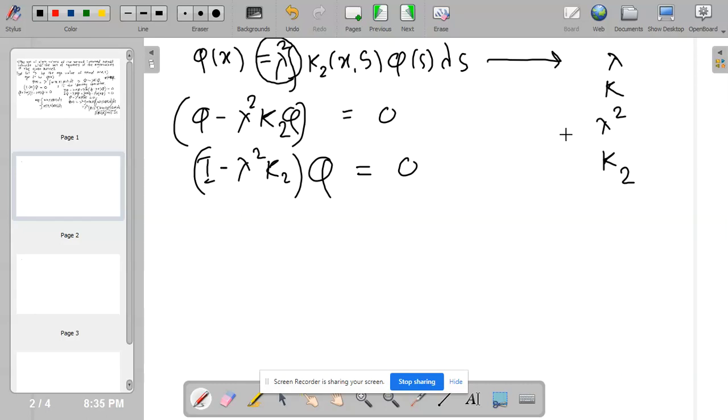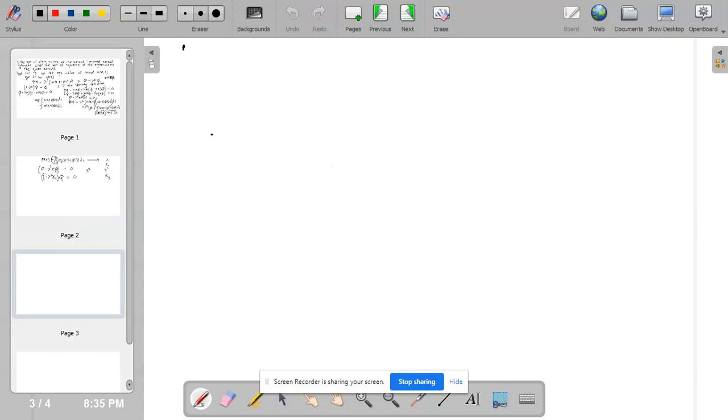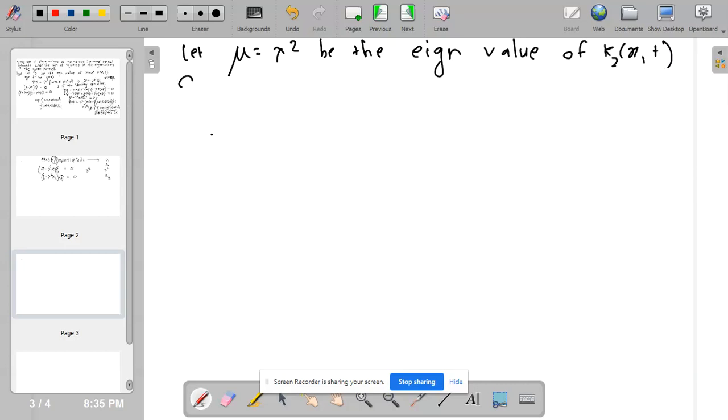Now we have to prove the other way. So let us suppose we take some number of this form: let mu equal to lambda square be the eigenvalue of k2 x comma t, and phi of s be the corresponding eigenfunction.